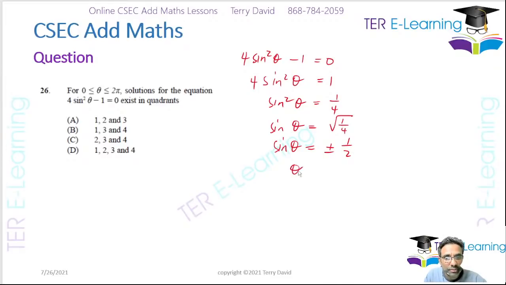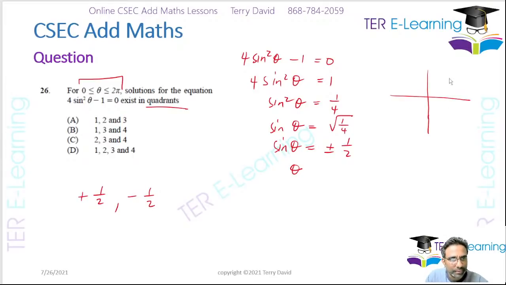So we need to work out theta. But they didn't ask us to work it out. They said for between 0 and 2 pi, the solutions of this equation lie in which quadrant? So the thing is, I have positive a half and I have negative a half. If I were to look at my quadrants, A, S, T, and C, we're dealing with sine here.